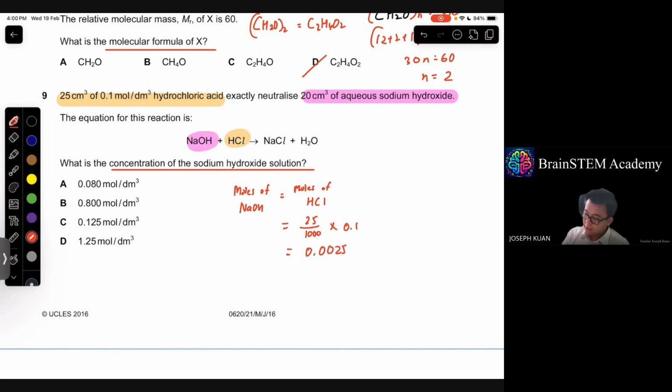And then that will give you 0.0025. And we are given that it's 20 cubic centimeters. We just don't know the concentration. So to find concentration, we just need to take the moles divided by the volume. So take the value and make a calculation. It will be 0.0125.